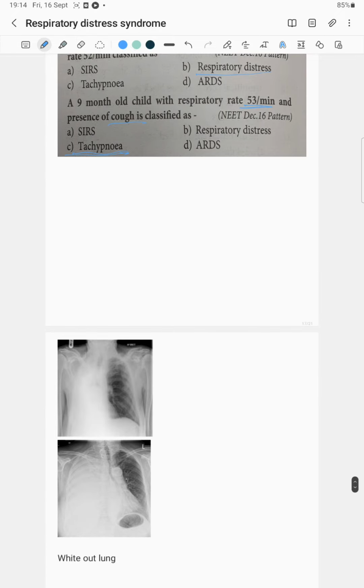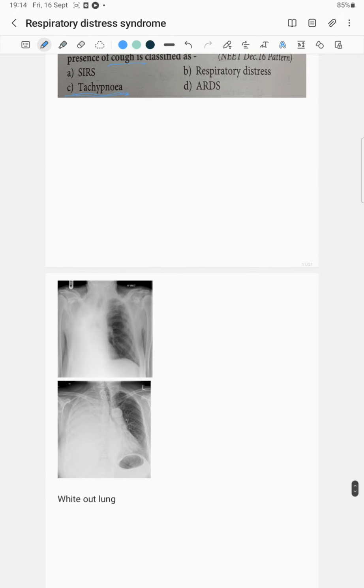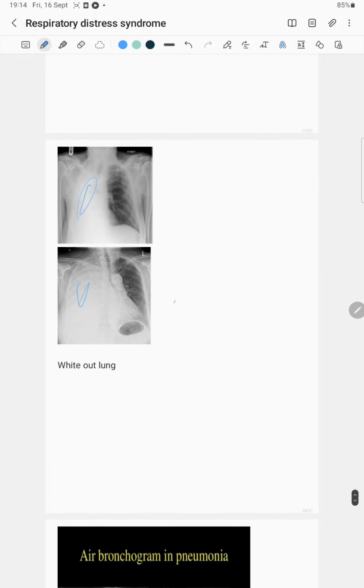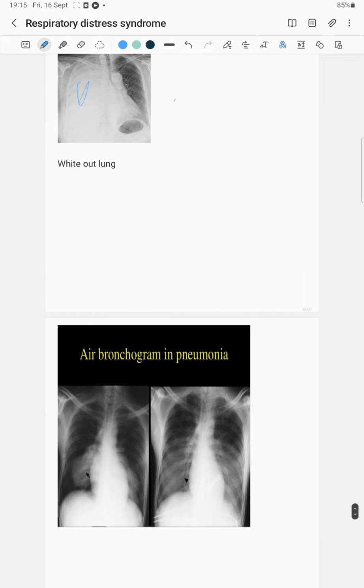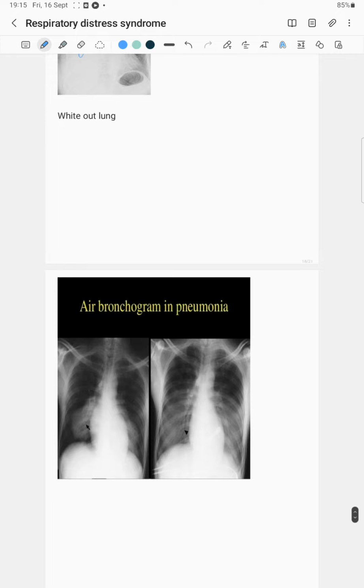Okay, now there are some X-rays. This is whiteout lung. You have to know this. Okay, this is air bronchogram in pneumonia. What is air bronchogram?